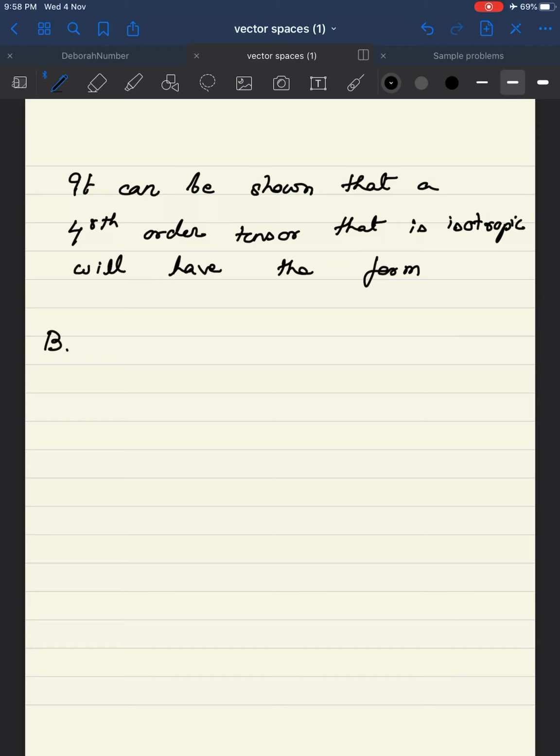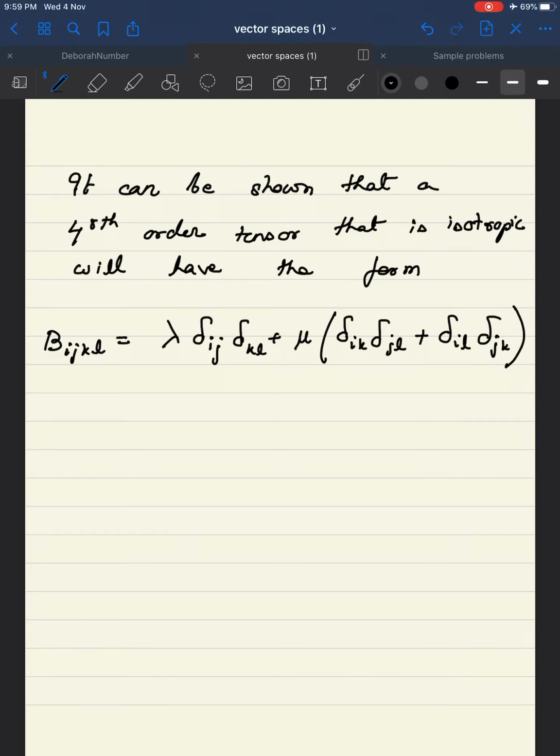So my matrix BIJKL can be written as lambda del ij del kl plus mu times del ik del jl plus del il del jk, and the other one is gamma times del ik del jl, minus del il del jk.